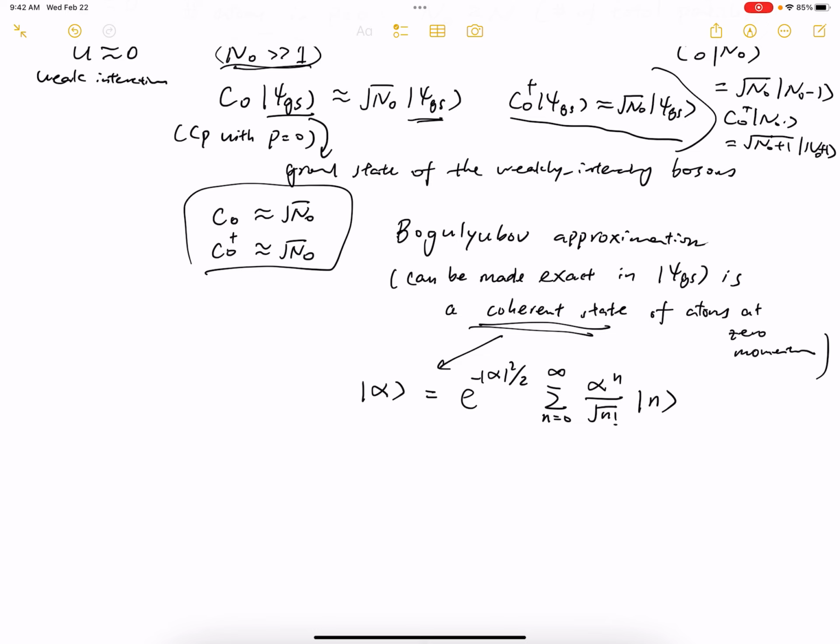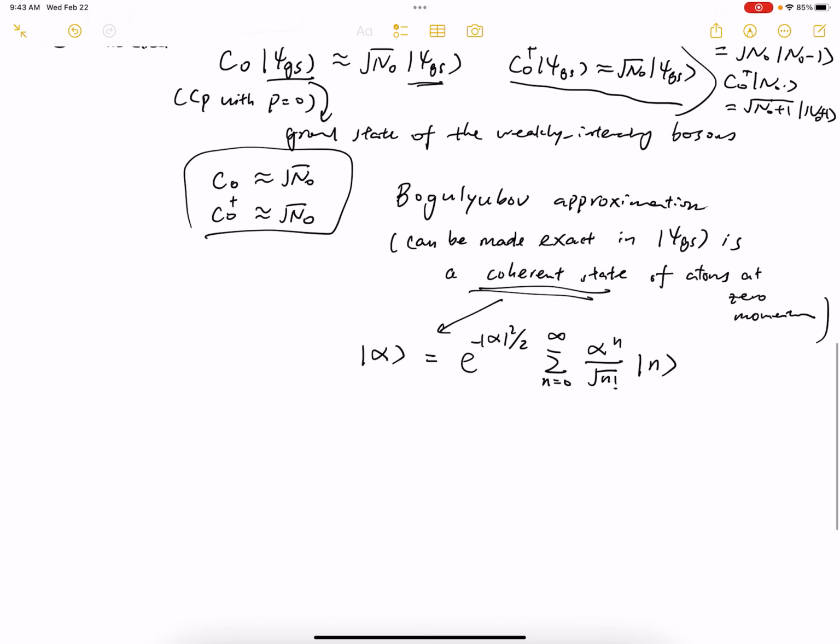And the reason why this state is special and is called coherent is that it is an eigenstate of the annihilation operator. So we can apply the annihilation operator C on ket alpha. Here I'm just going to take that to be C0. It's the same thing. We're only talking about the 0 momentum mode here, so we're just going to pretend that there's only one type of particle in your system.